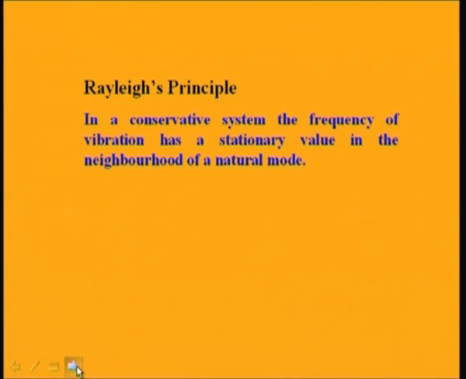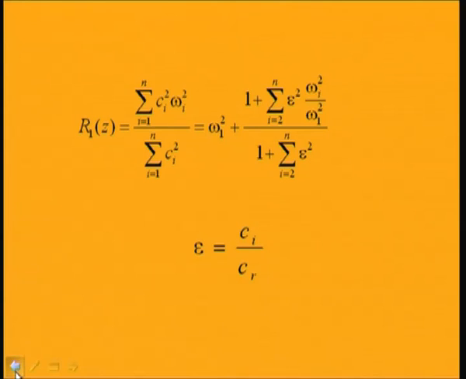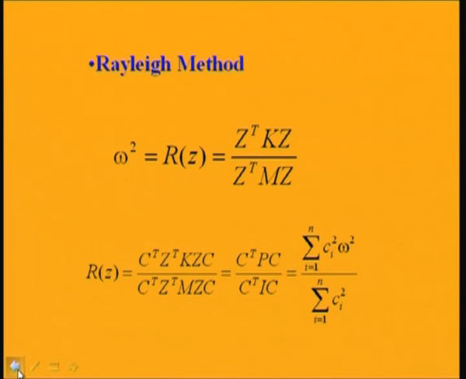Without taking the exact eigenvalue, which is not known most of the time, one may take an approximate vector and find the eigenvalues of the system.